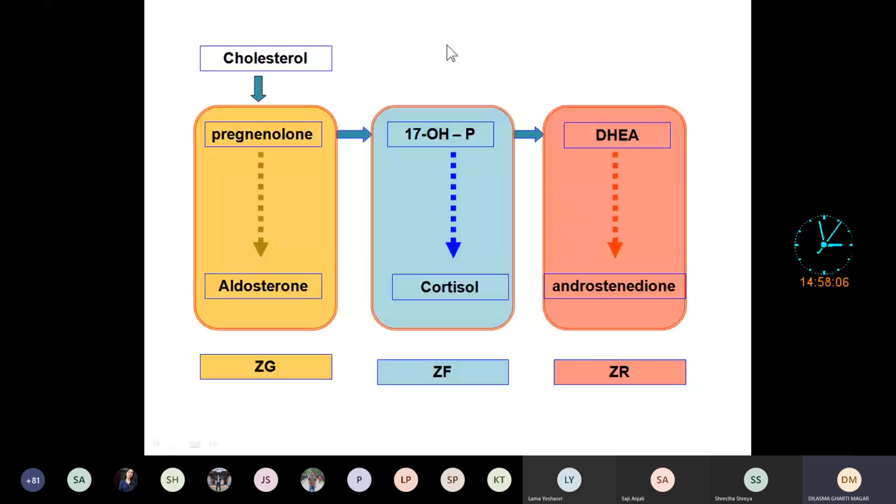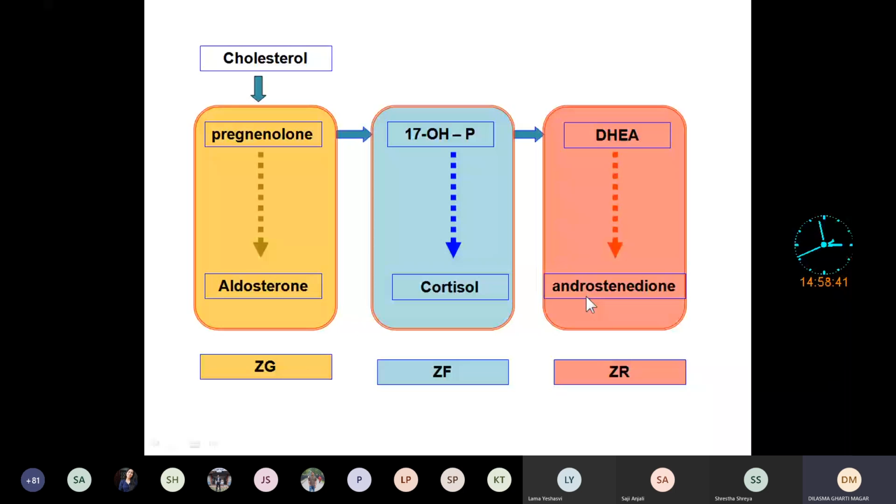After that this pregnenolone can be converted into the aldosterone, then 17-OHP can be converted into the cortisol. So by this time you must be knowing that aldosterone is coming from the zona glomerulosa, which you can see below in a strip-like pattern, isn't it? So the cortisol is coming from the zona fasciculata. And the androstenedione, these are the steroid hormones, isn't it? So it is coming from the zona reticularis.